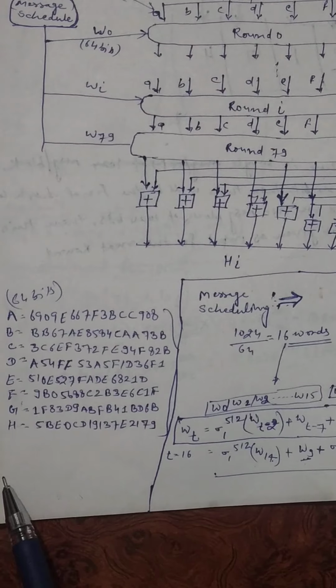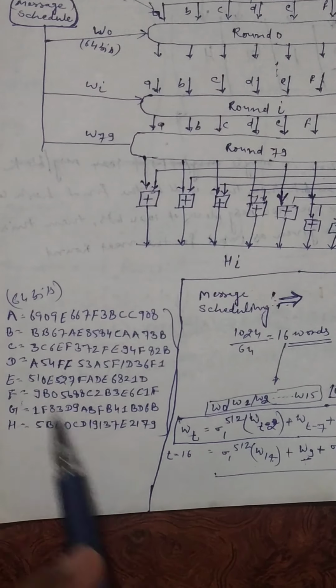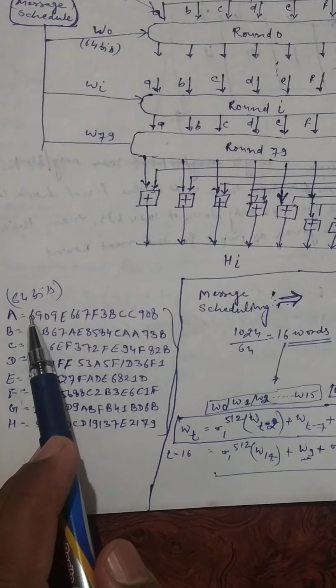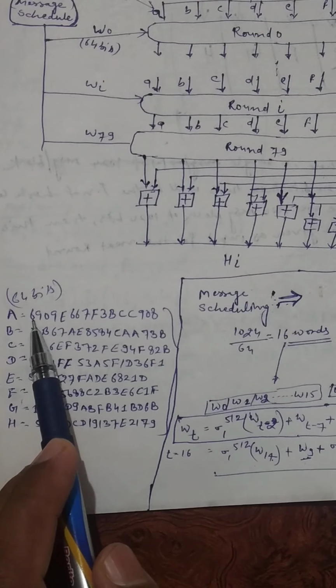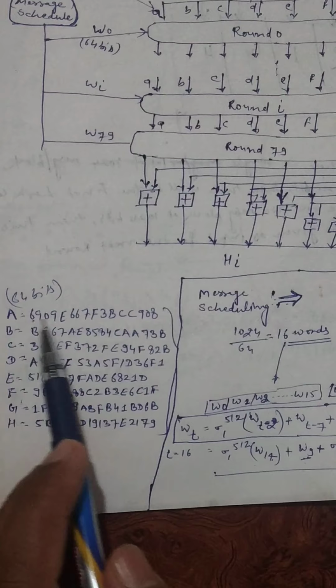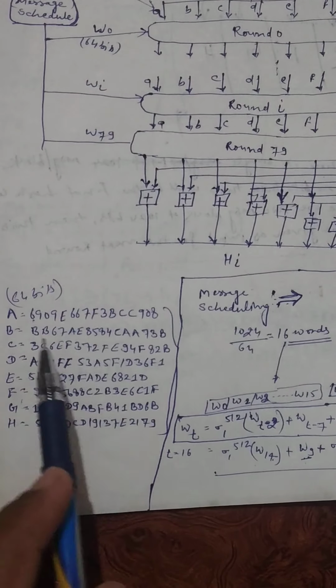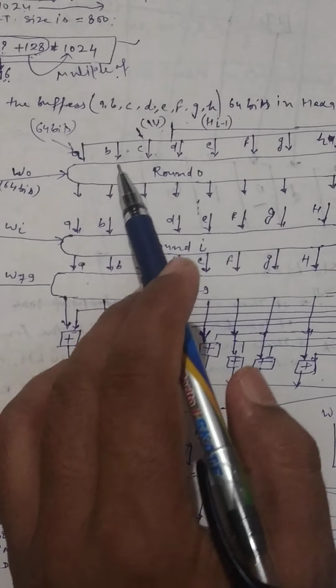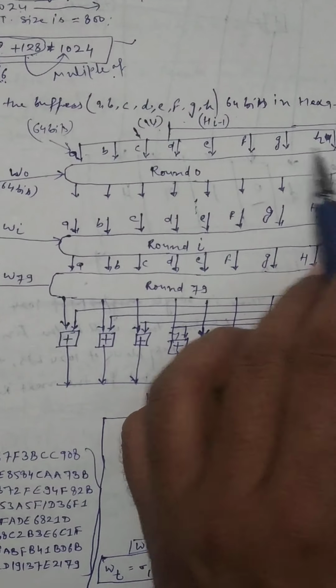Here I have written a few example hexadecimal values. You convert each value into binary format, each hex digit converted into 4 bits. So there are 16 digits, 16 multiplied by 4, 64 bits. You can convert it and initialize your initialization vector.